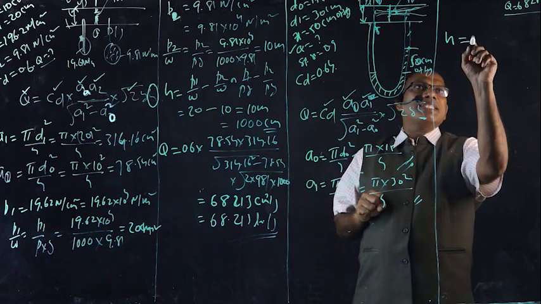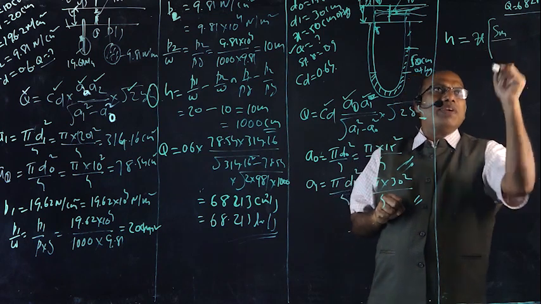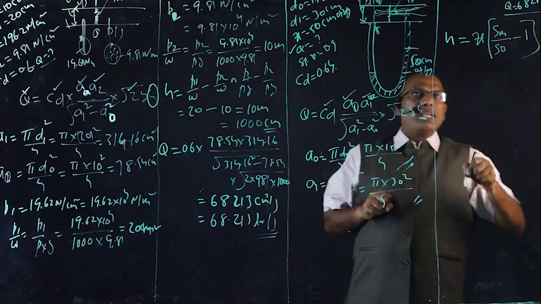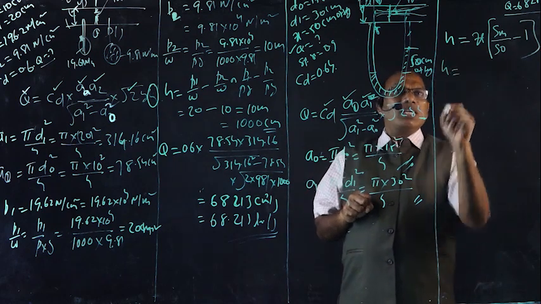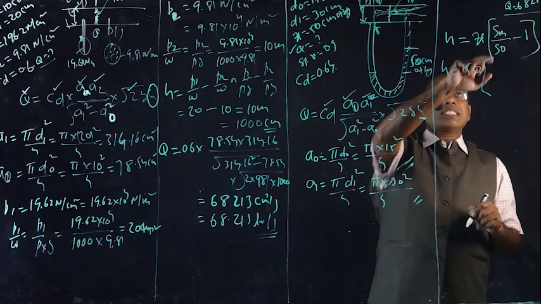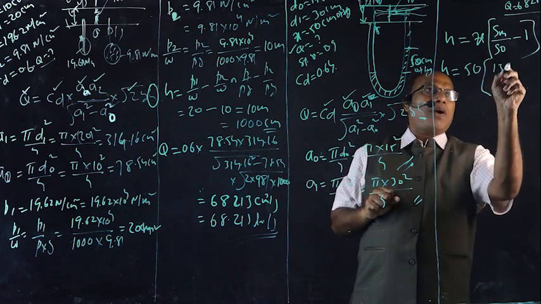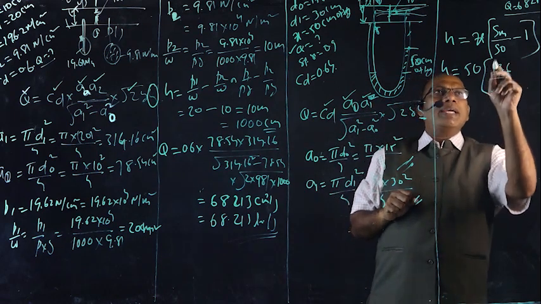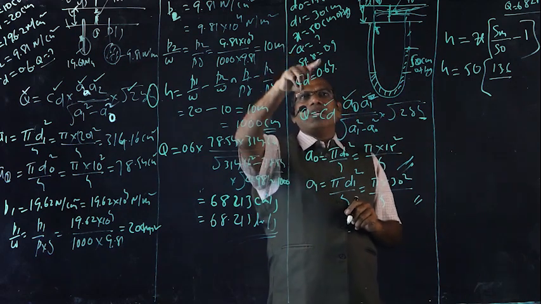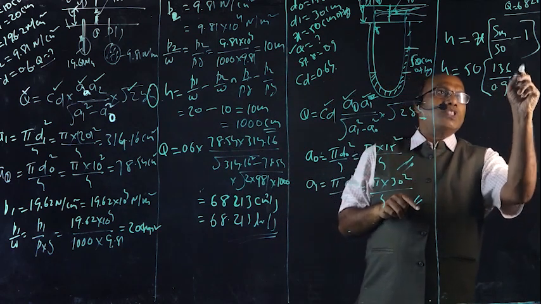That formula is H is equal to X into specific gravity of the heavy liquid divided by specific gravity of the flowing liquid, minus 1. Therefore, H is equal to X, given as 50, and SM, specific gravity of the manometer liquid mercury, that is 13.6, divided by S0, specific gravity of the flowing liquid, given as 0.9, minus 1.